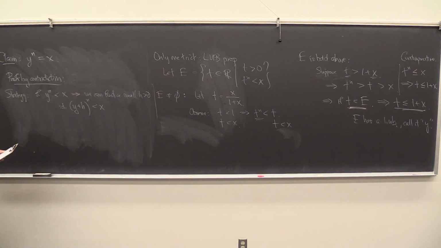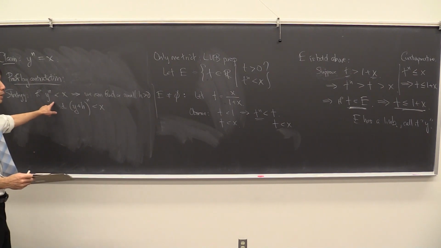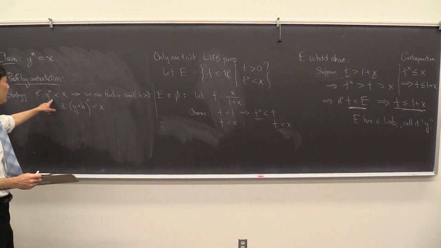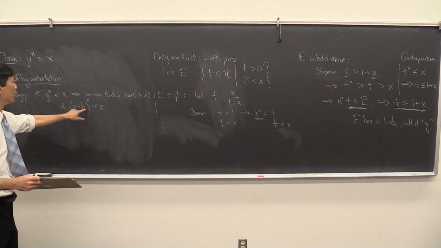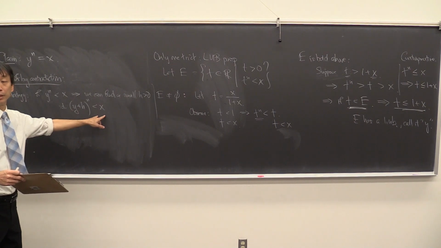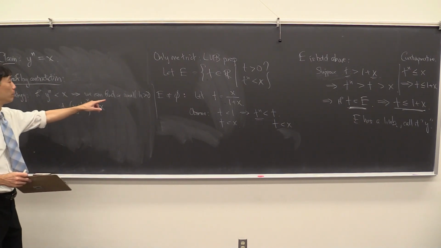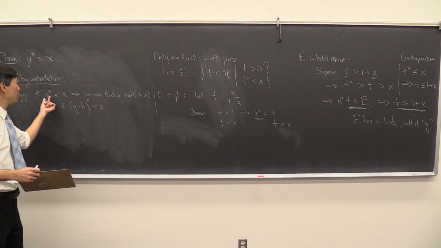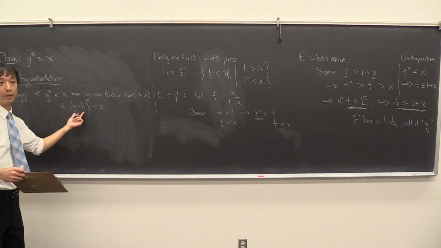But remember, y was supposed to be the least upper bound of things whose nth power was less than x. But this would be something bigger than y that still satisfies that, right?